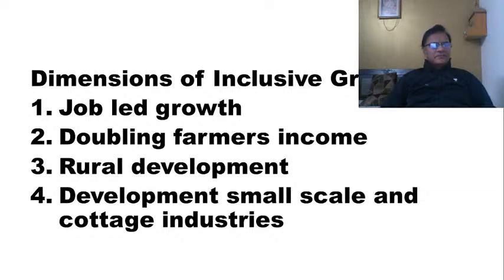The draft report of the 12th Five-Year Plan had spoken about various dimensions of inclusive growth. These are questions which are repeatedly asked in our examination. So let us see what these dimensions of inclusive growth are.